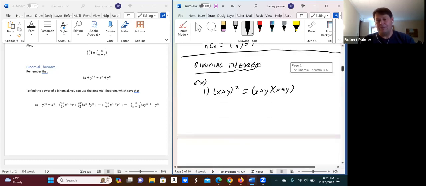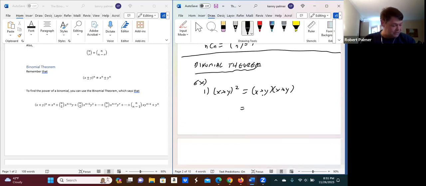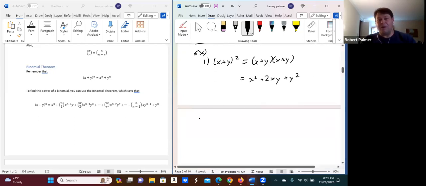Now if you FOIL that out, what you're going to get is x squared plus 2xy plus y squared. You can try that on your own, but if you FOIL it, that's what you get. Now what if we went up one power? So we did 3, then that would be x plus y cubed.